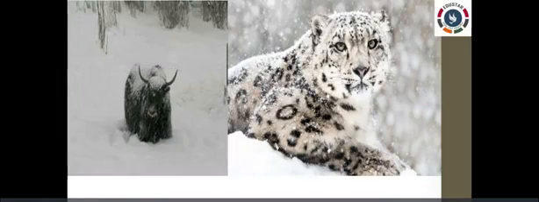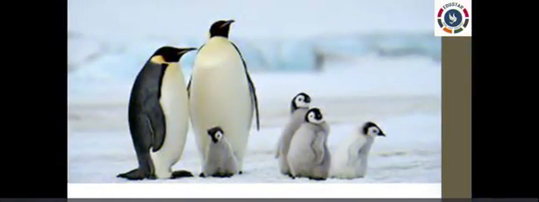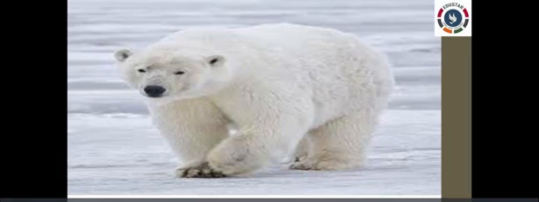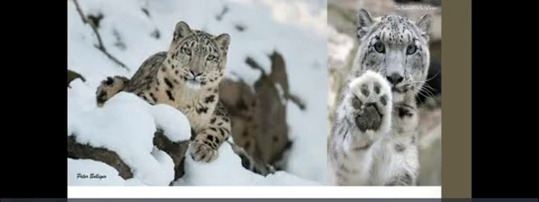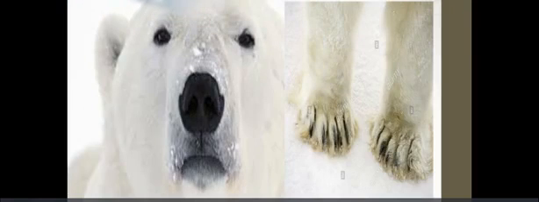Can you name some animals living in very cold places? Yes, yak, snow leopard, penguin, polar bear are some examples. In yak, a thick coat of fur protects the animal from cold. The yak uses its hooves and horns to break the ice and graze on the grass. A snow leopard has a thick layer of fur on its body, including feet and toes, to protect it from the cold.